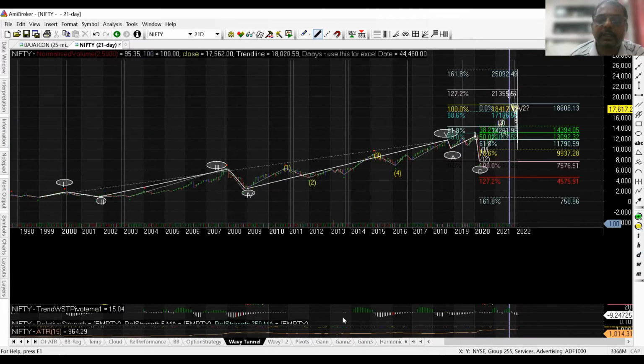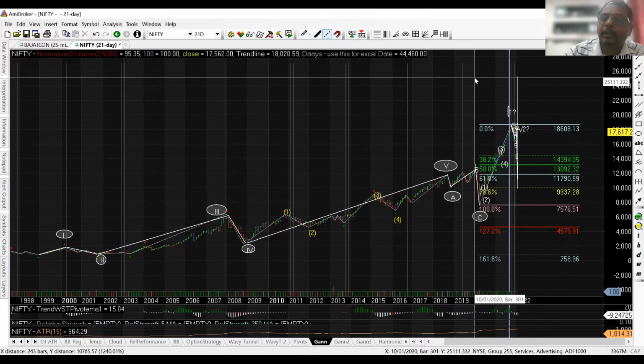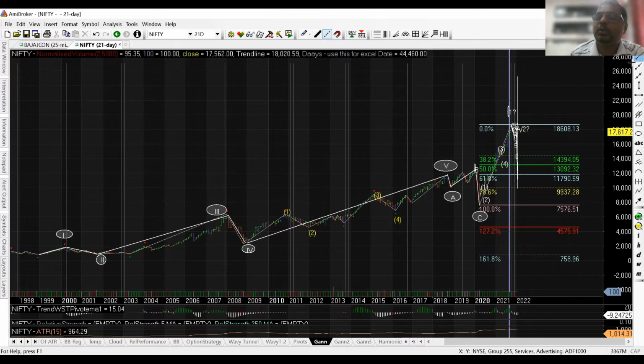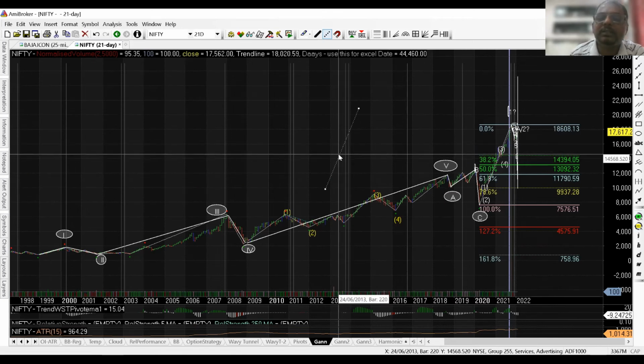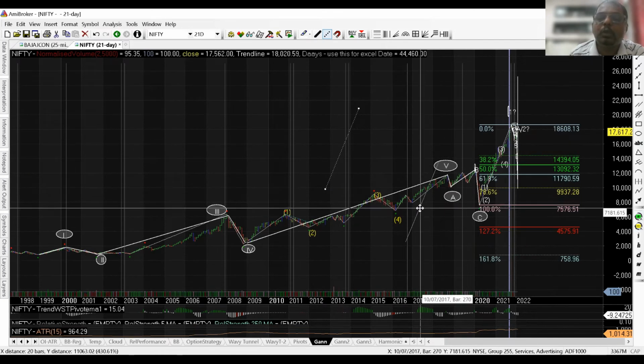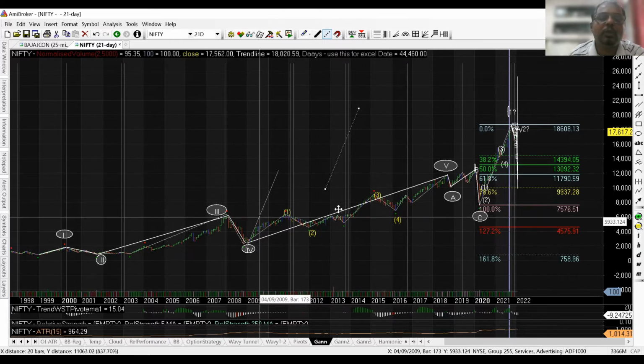Another way of looking at it is to just look at the slope. Let me delete this and look at the slope. If I draw this and extend it out, this is the slope of the last move. You don't have any place where this kind of slope is beaten.